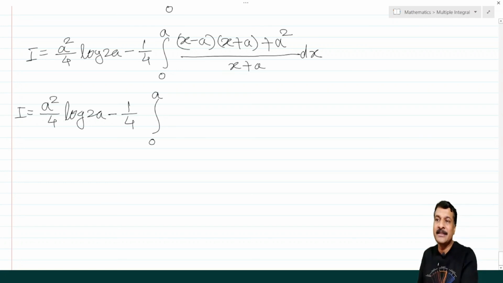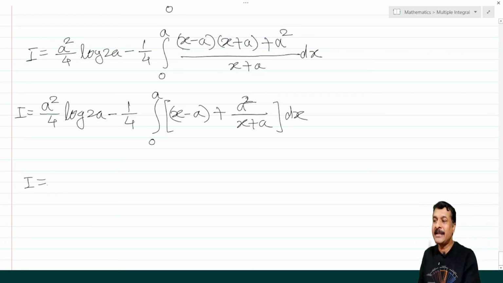Note that this part I will consider first. So here x plus a, by x plus a get cancelled. So it is x minus a plus a square upon x plus a into dx. Now it is very simple to evaluate with respect to x.